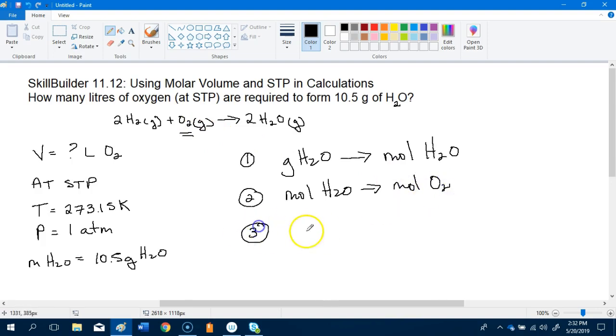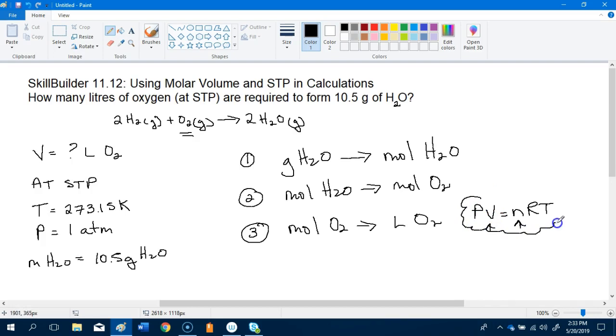And then lastly, I'm going to convert my moles of oxygen to liters of O2, using my ideal gas law of PV equals nRT, because I can input my moles of oxygen to get my volume of oxygen. So that's the last step that I'm going to do.